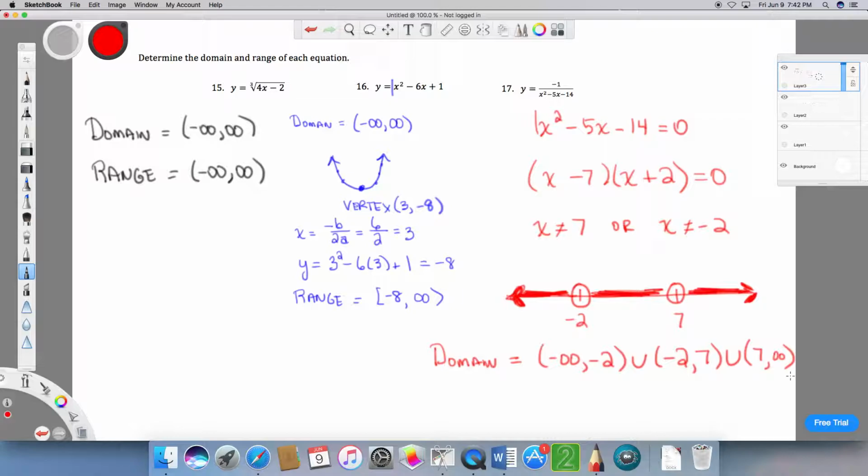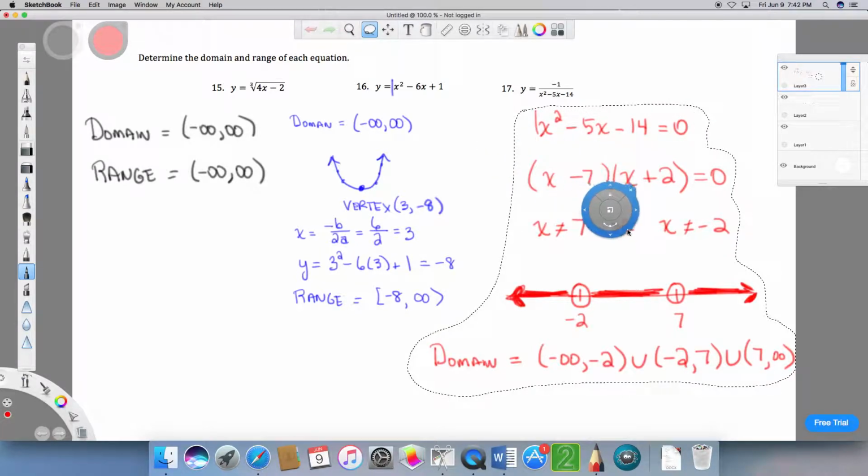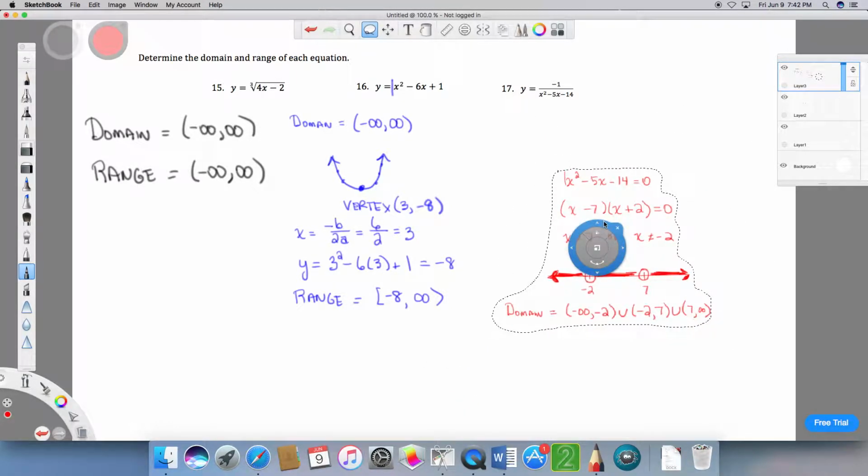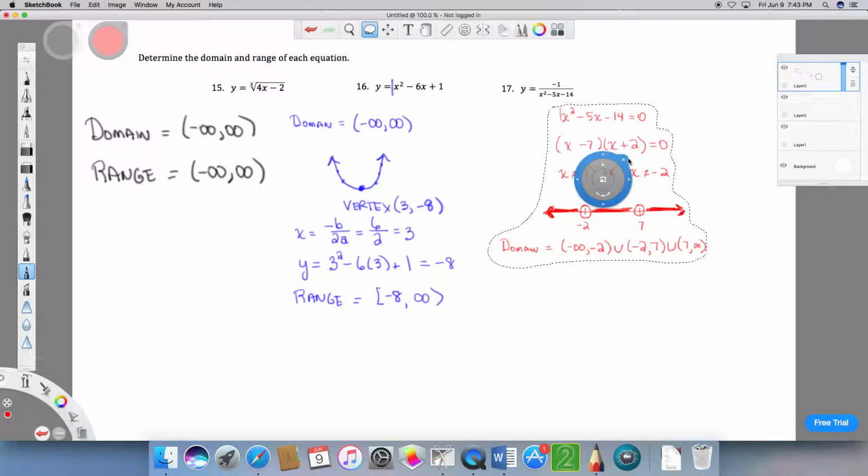All right, so the range on this is much more challenging. Even with the graph, it's going to be pretty challenging to figure this out. So if I try to think about it without the graph, what am I expecting when I think about the range?